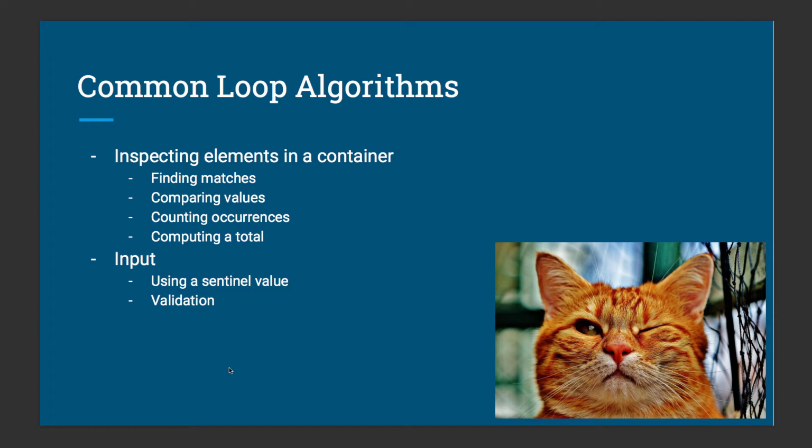Let's say we're playing a game like tic-tac-toe and we ask the user, do you want to play again? Please enter Y or N. If they enter any key other than Y or N, we can't really determine what their answer was. With a loop, we can just keep asking them until they give us a Y or an N. We call that input validation. So let's jump into some of these examples here.